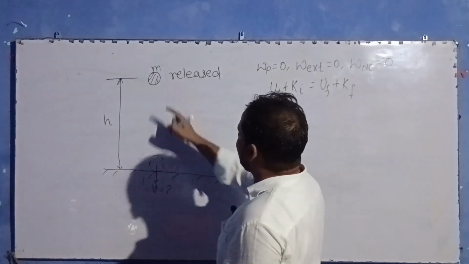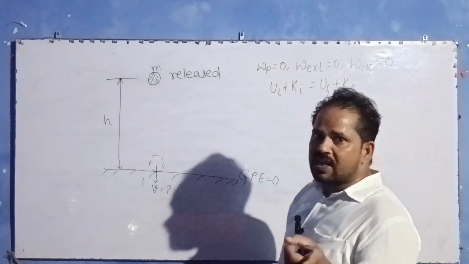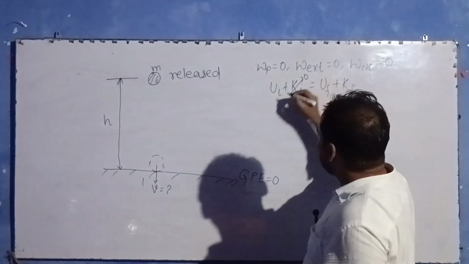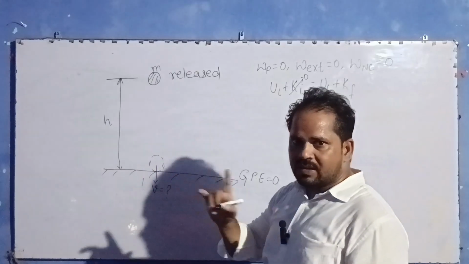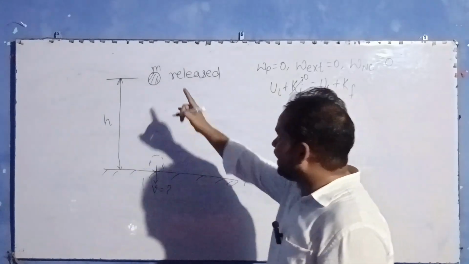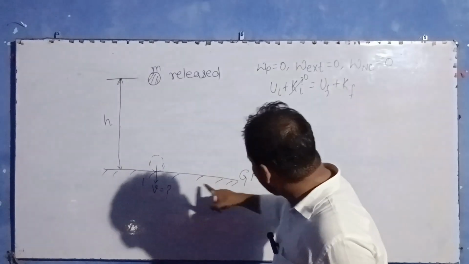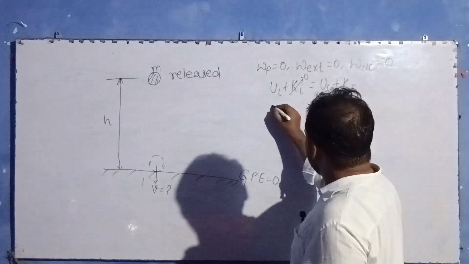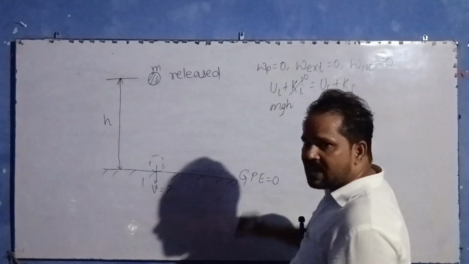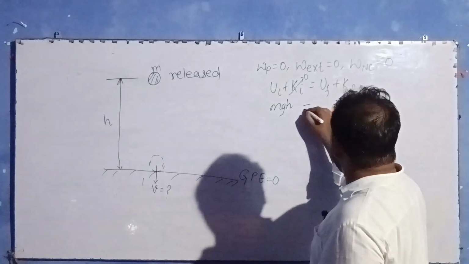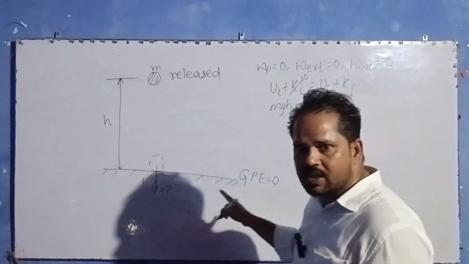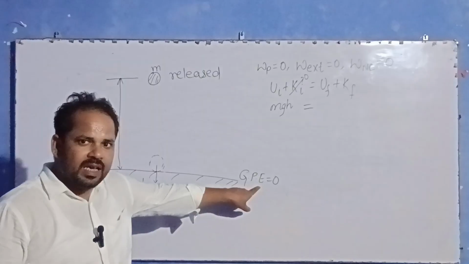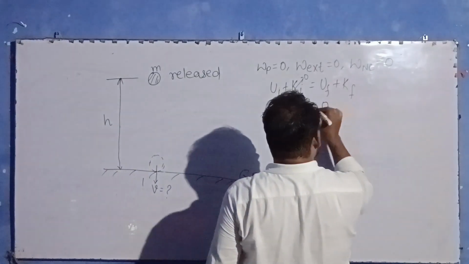Initially when it is released, the initial velocity is 0, which means the initial kinetic energy is 0. The initial potential energy is mgh, because the reference is 0 at the ground. So the potential energy when it is released, mgh, is equal to the final potential energy plus final kinetic energy. The final potential energy becomes 0 because it strikes the ground, where we assume gravitational potential energy is 0.